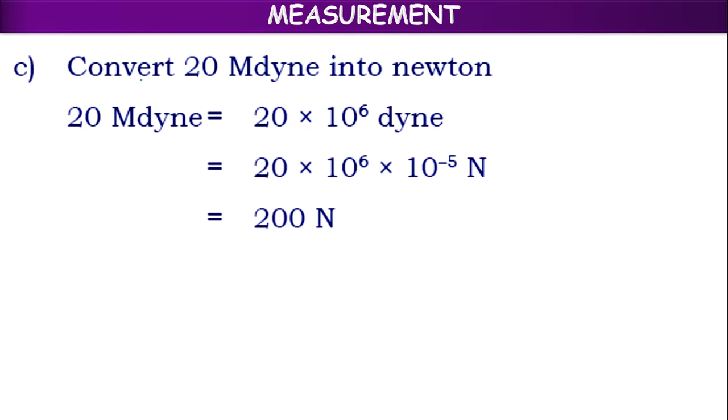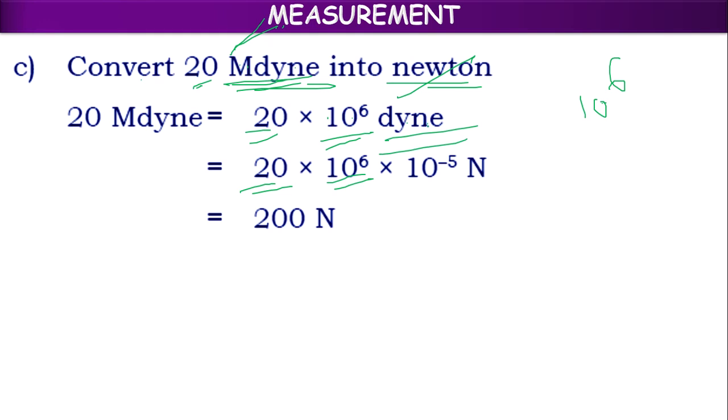Next one. Convert 20 megadyne, capital M, megadyne into Newton. Mega means 10 power 6, children. So 20 into, in the place of mega, we can keep 10 power 6. We can write dyne as it is. 20 into 10 power 6 into 1 dyne, how much? 10 power minus 5 newtons, because 1 Newton equals 10 power 5 dyne.